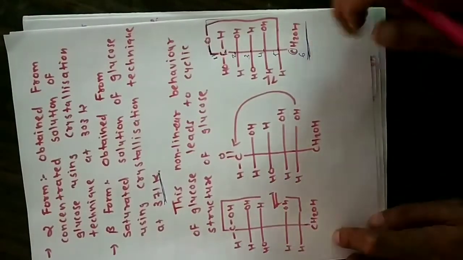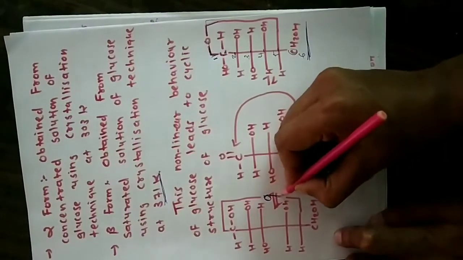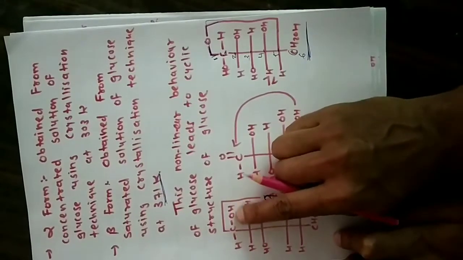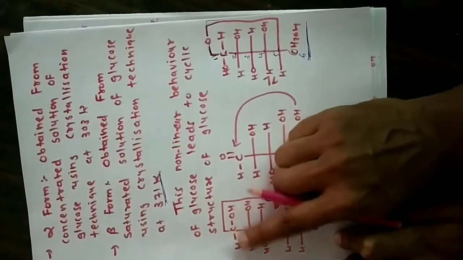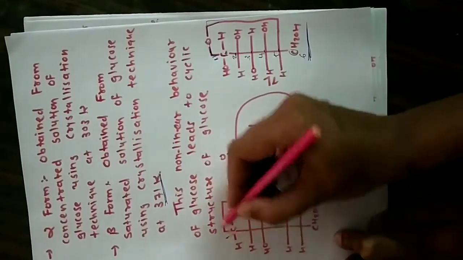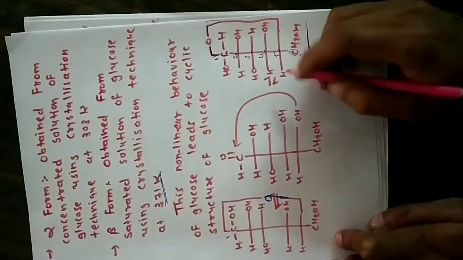Another structure, the same structure is there, but the position of alcohol and hydrogen is different here. You can see the alcohol group on the first number carbon is on the right hand side and hydrogen is on the left hand side.